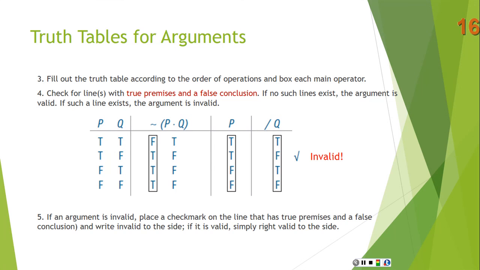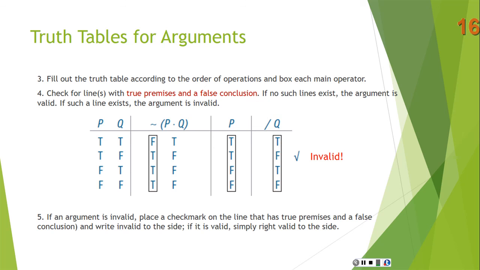Alright, before I end, I want to emphasize the importance of this process. When you do a truth table for an argument, you're trying to determine whether the argument is valid or invalid.